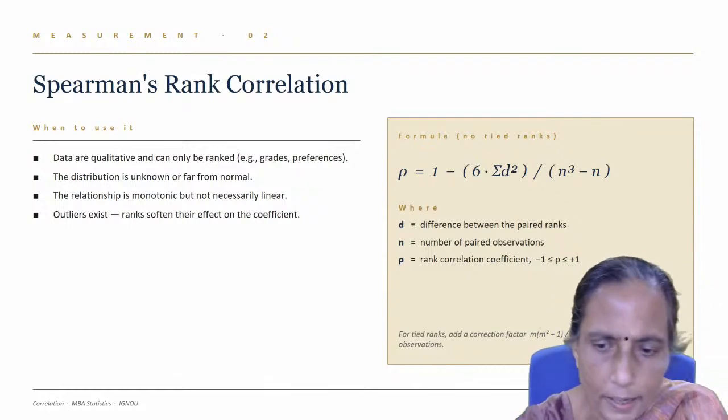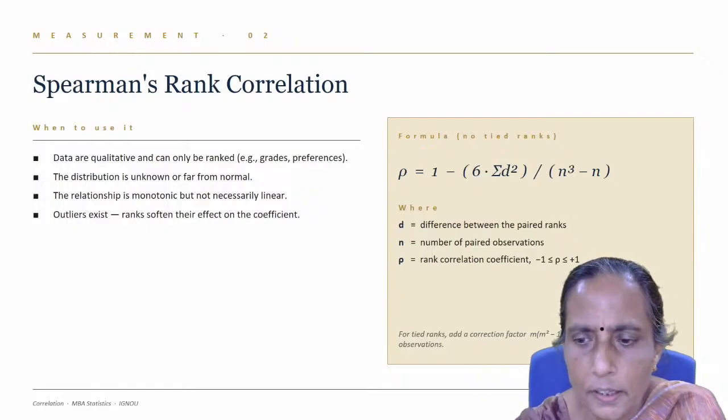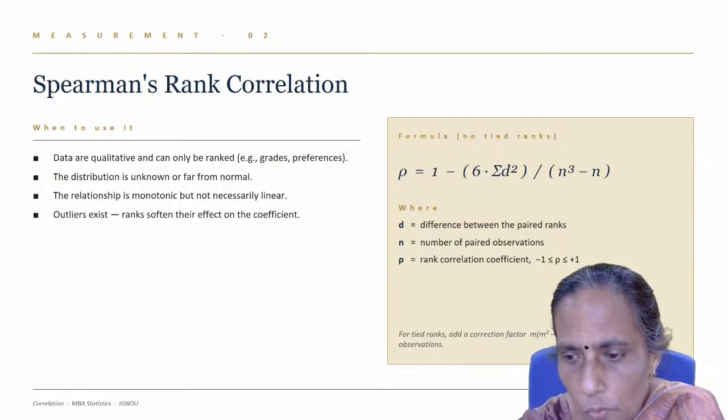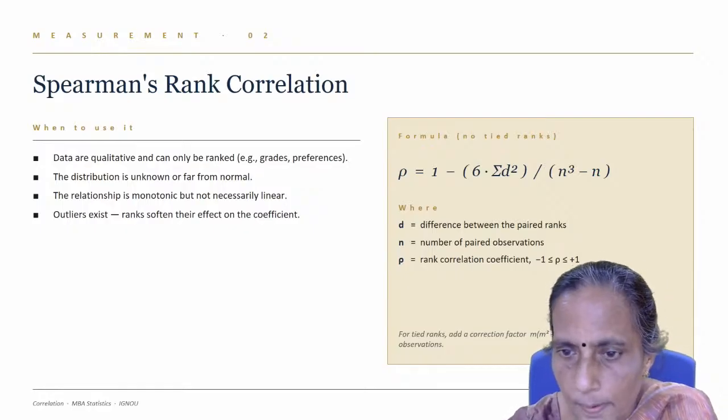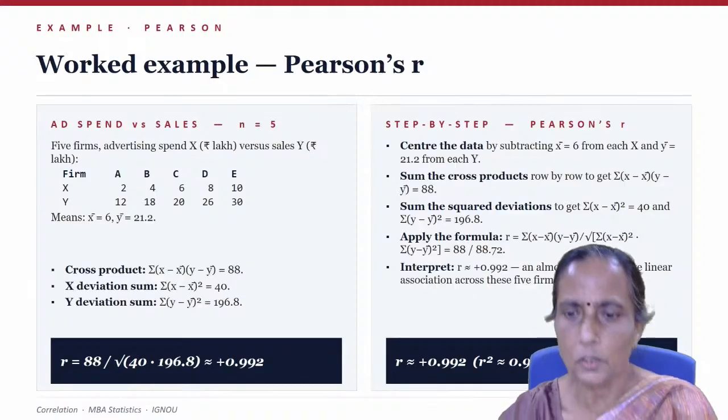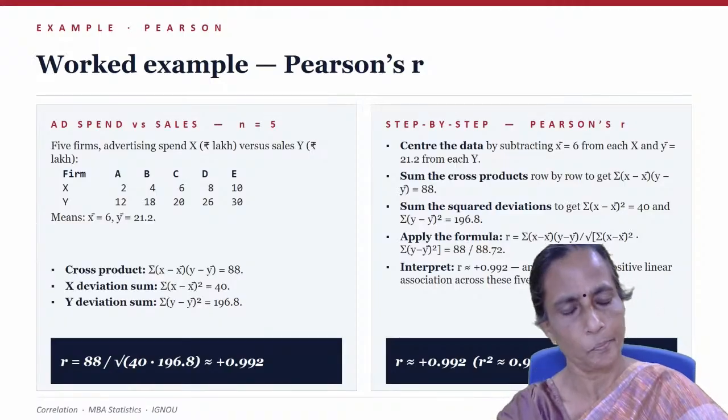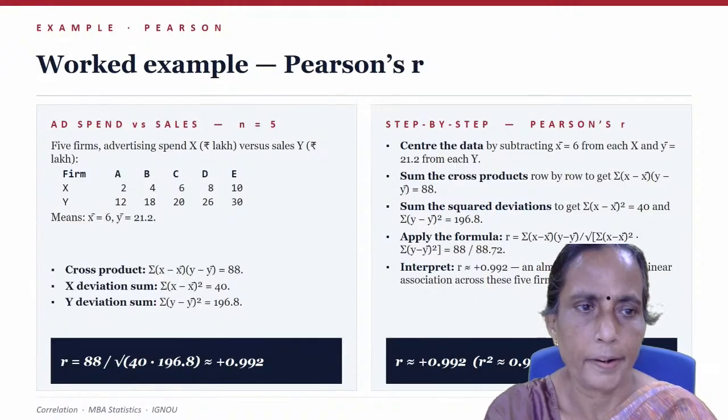For tied ranks, add a correction factor, m into (m square minus 1) by 12, for every set of m tied observations. That means two people can have the same rank.